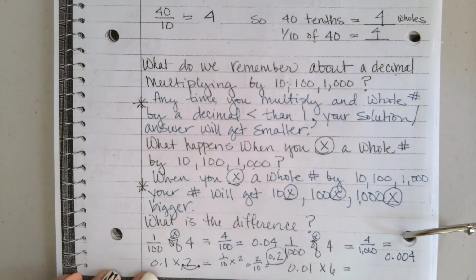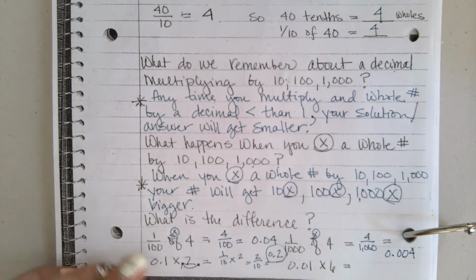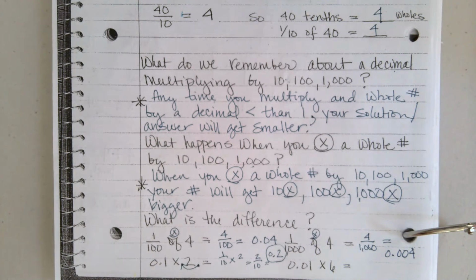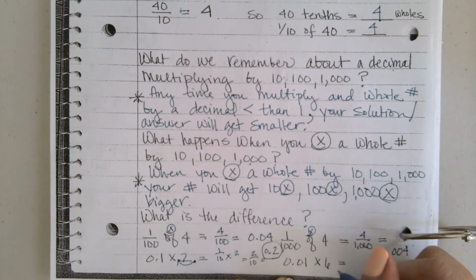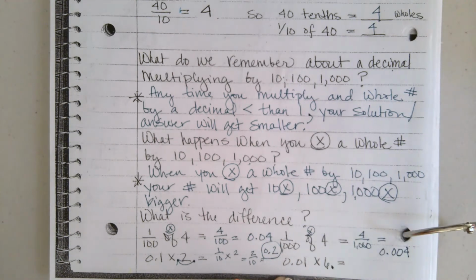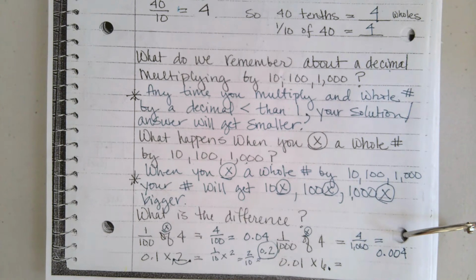Are you following? All right, what are you going to do here? 0.01 times 6. Where does the decimal live on that number 6? Well, it lives right here, right? Because it's a whole number and 6 is a 1 unit, right next to the decimal point, correct?